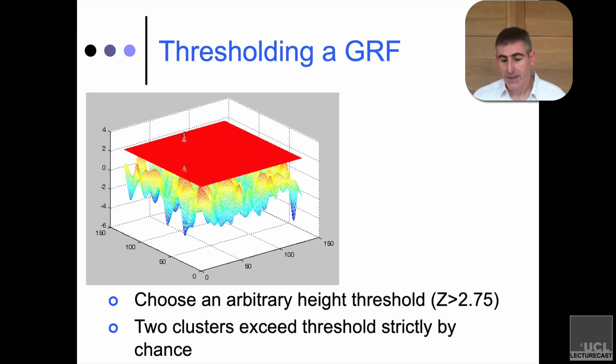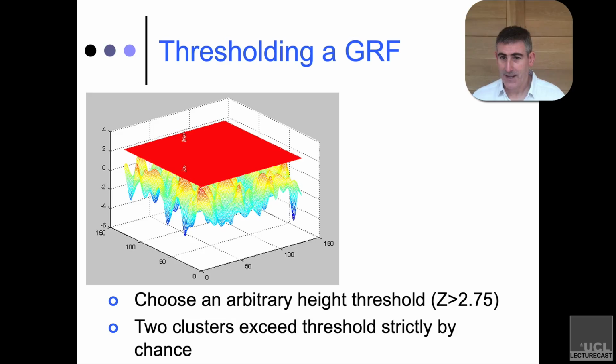I put a plane at that level, and that plane is bright red. Anything that exceeds that plane comes through the threshold. In this case, there are two peaks that do it. In other words, two things are occurring by chance if my height threshold is z of 2.75. That wasn't a great way to pick my threshold, because clearly I have at least two false positives in this case.